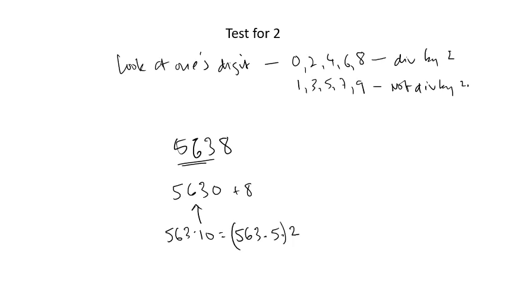So I can break that 10 into 5 times 2 and then use associativity to group that 563 and the 5. So I see this is something times 2. So I know that anything that's a multiple of 10 is already a multiple of 2. So all I have to check is whether the ones digit is divisible by 2, because I know that this part is. Again, you probably already know why the rule works. Maybe you do, maybe you don't, but that's a quick overview of why it works.